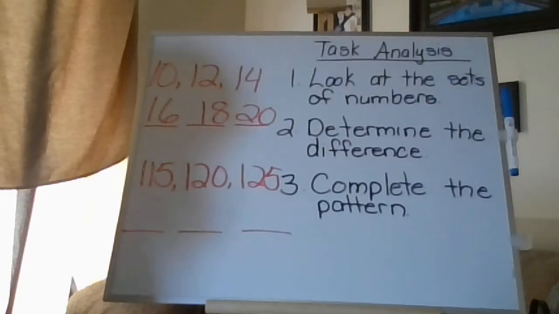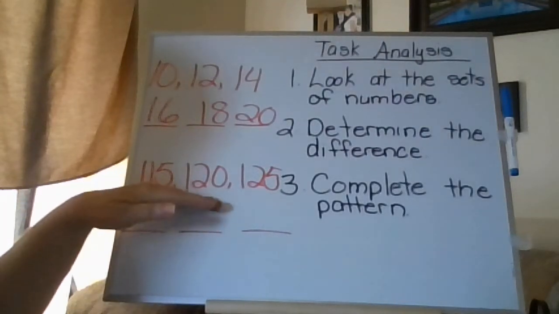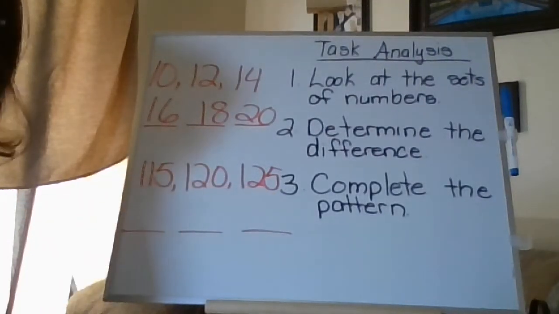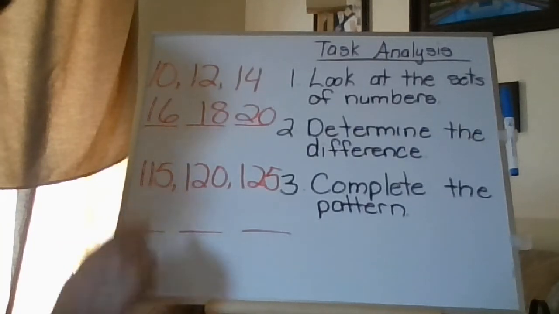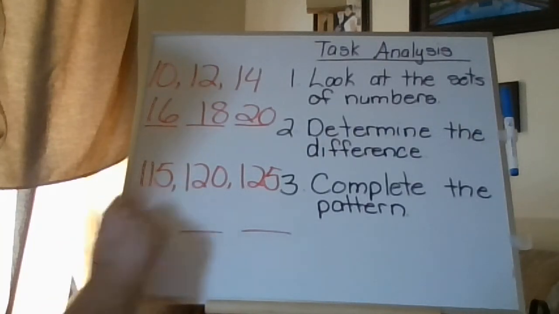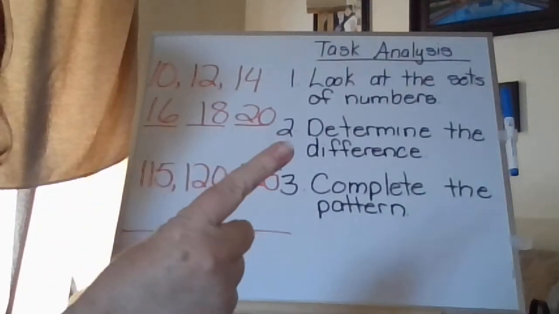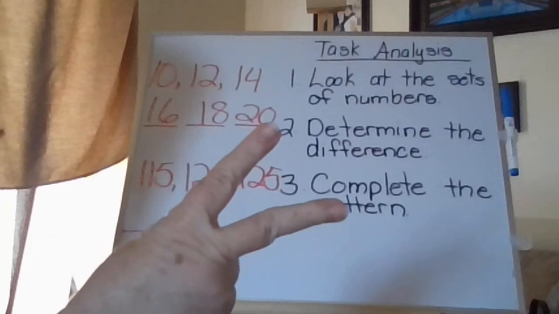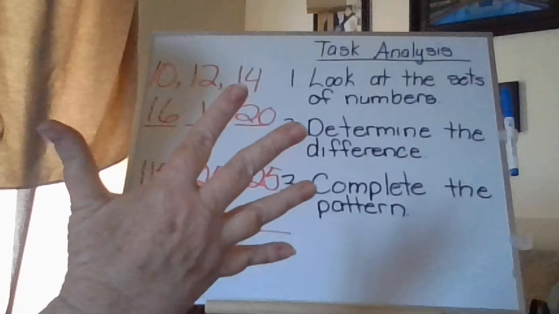Okay? So now we're going to look at our next set of numbers. We have 115, 120, and 125. We need to determine the difference. Okay? So to do that, we are going to count the difference between the first two numbers. So 115, 116, 117, 118, 119, 120.